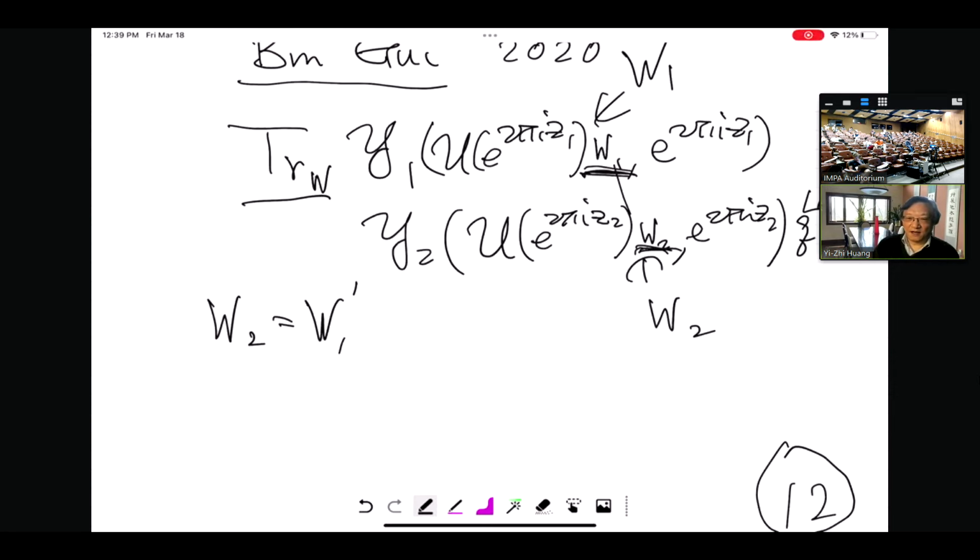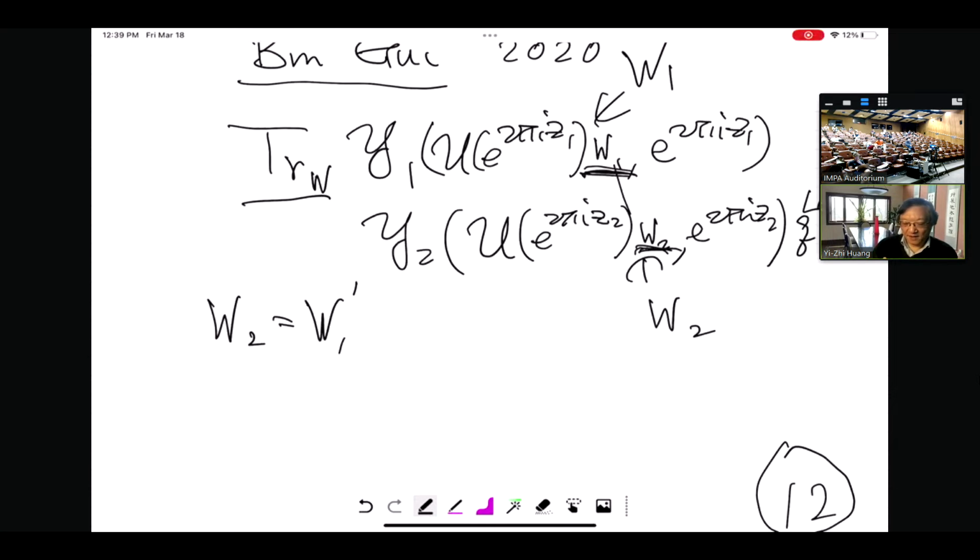So from the geometrical point of view, as long as you have proved the genus 0 and genus 1 cases, associativity and modular invariance, the high genus thing is also invariant under the mapping class group action.